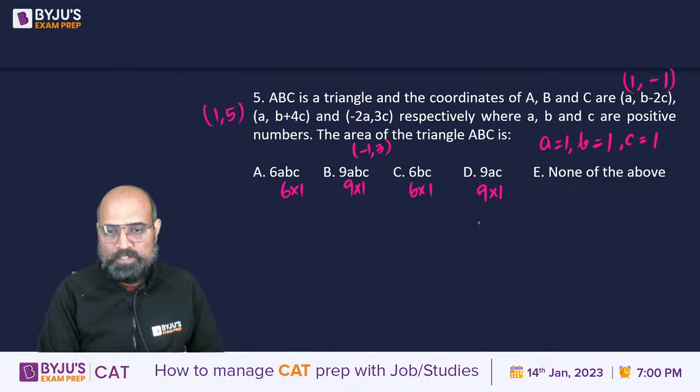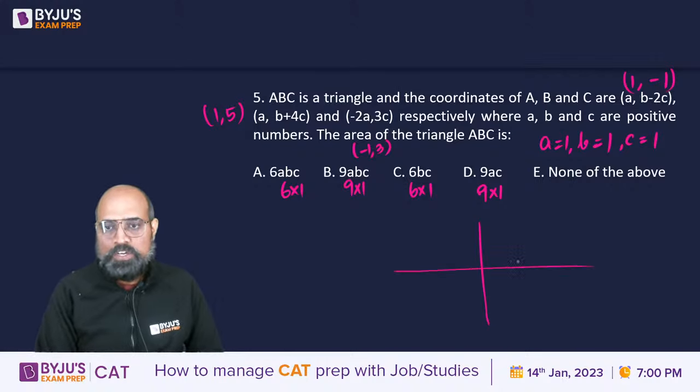Okay, so let's plot this. The first point is (1, minus 1), so it is going to be here. The next one is (1, 5), so 2, 3, 4, 5. The next coordinate is over here. The next one is (minus 1, 3), so the next coordinate is over here. So we need to find the area of this particular triangle.